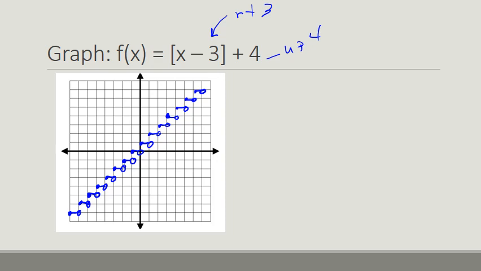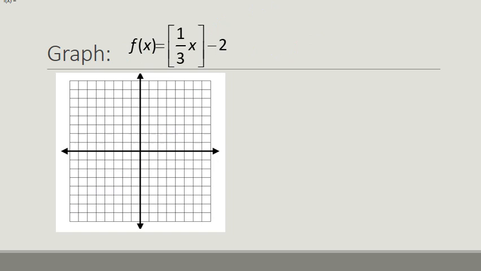All right, so there is the graph of the floor of x minus 3, plus 4. Now notice we could also say we've really just moved it up 1. So it's not necessarily concrete, but if that's what you're asked for, that's what you would graph.